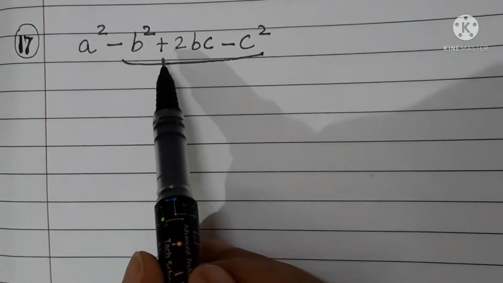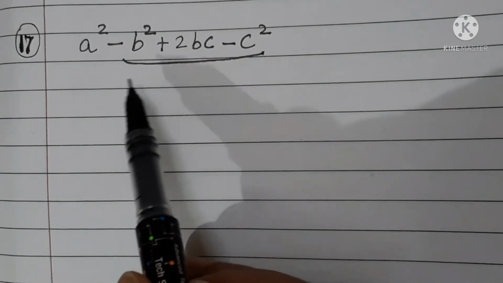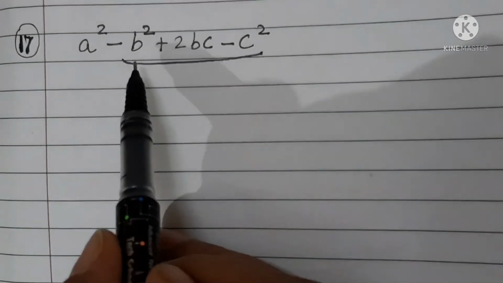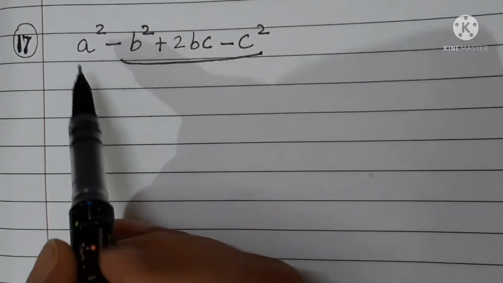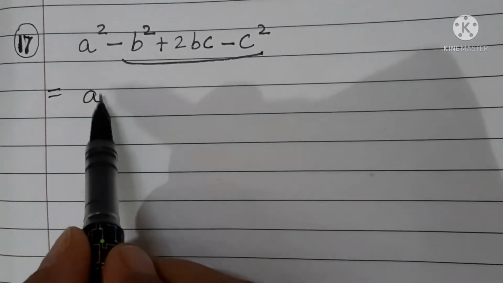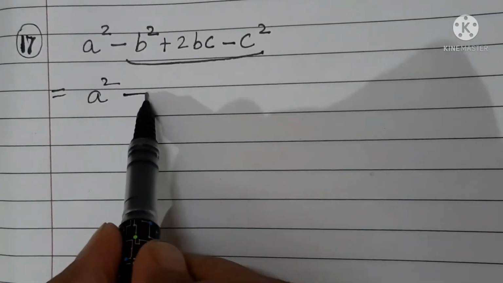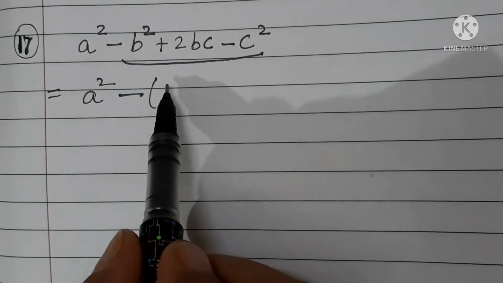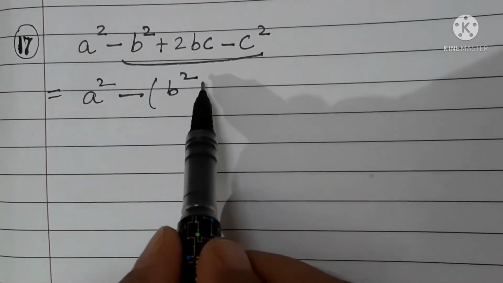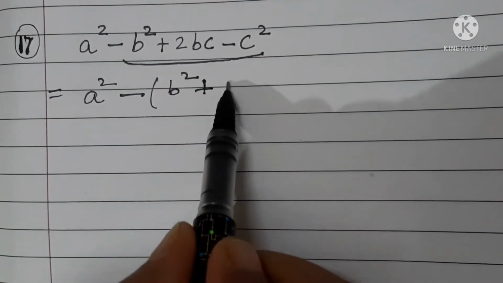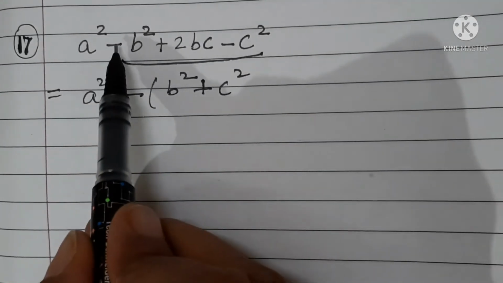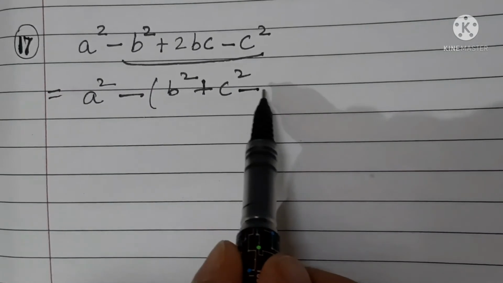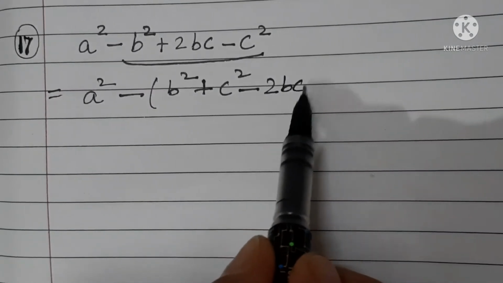This is of the form (a − b)² or (a + b)². So take minus common from these three terms, after a². In the bracket b², plus c², because minus is taken common, and this is plus, so you can write here minus 2bc.